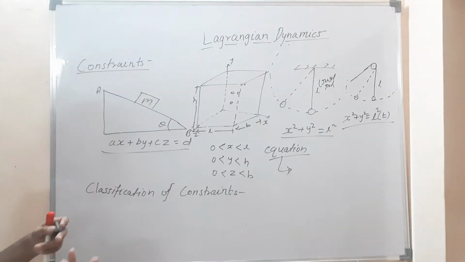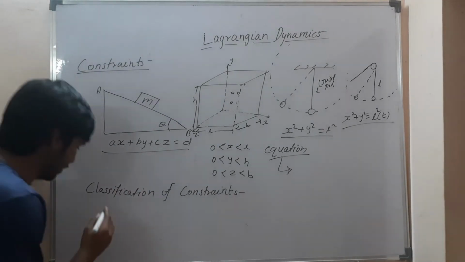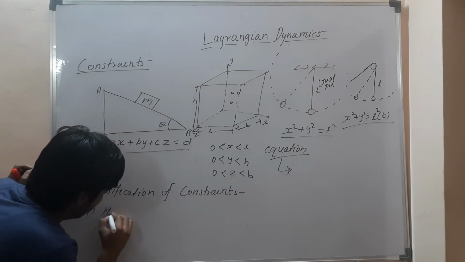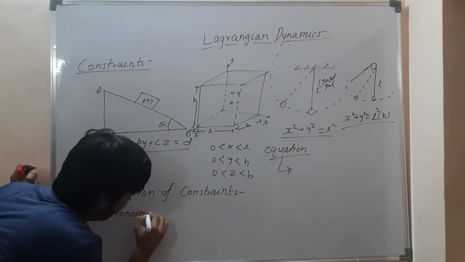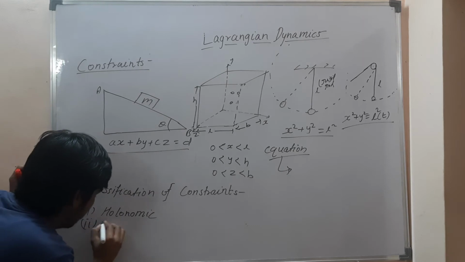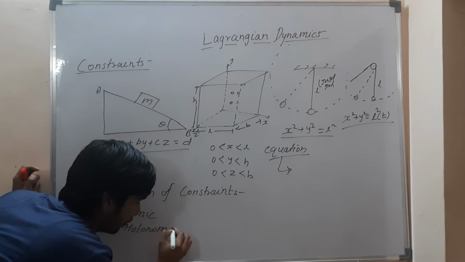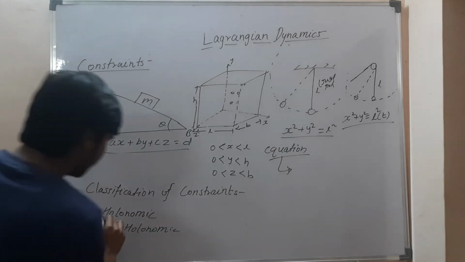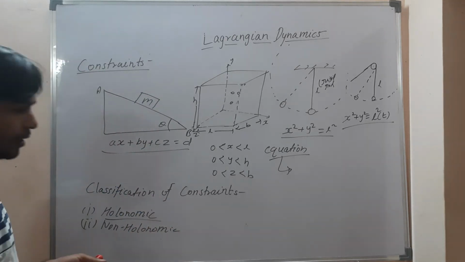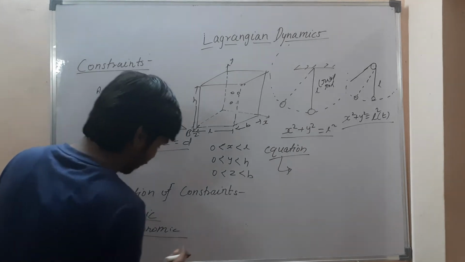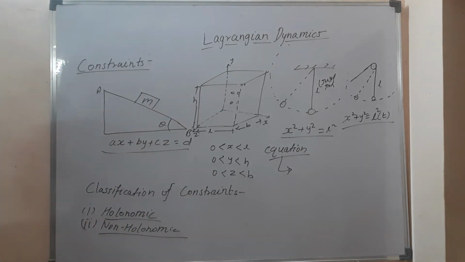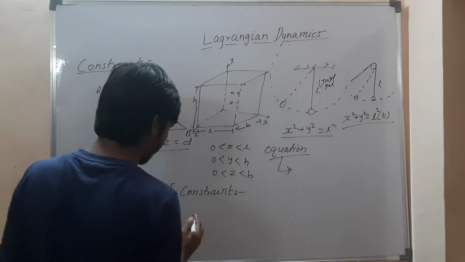There are two types of constraints: one is holonomic and the second is non-holonomic constraint. Holonomic is nothing but a constraint we can express as an equation, and non-holonomic is one we cannot express as an equation.